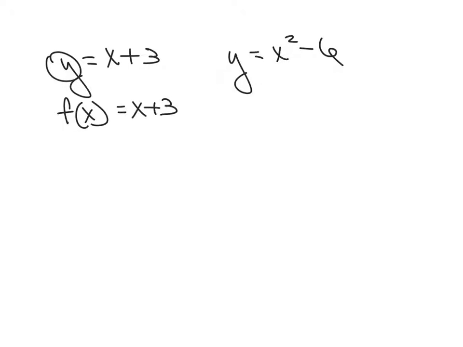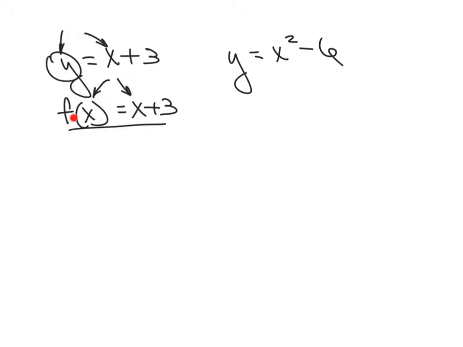What that means is when we plug a number in here, we're going to get a value here dependent on what value we put in here. If we put a 2 in here, we'd get 2 plus 3 is 5. So f of 2 is 5.